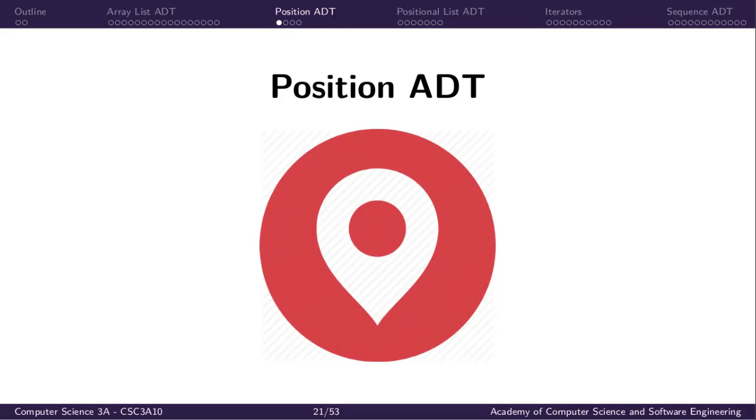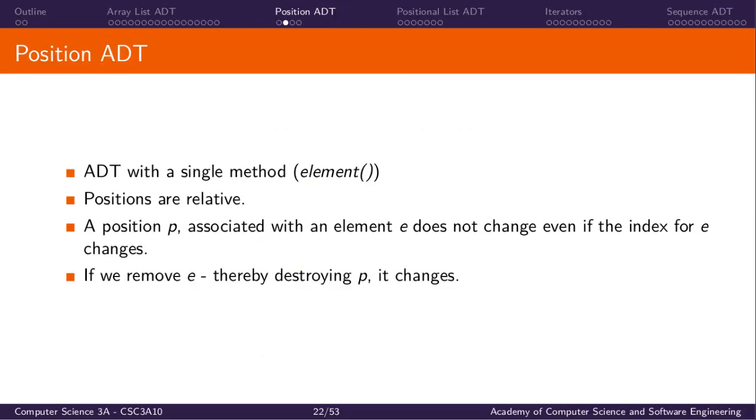So the position ADT, if we remind ourselves, has a single method, element, which simply returns the element stored within that position. Positions, unlike indices, are relative. So it doesn't refer to a place in a list by an absolute index that tells you how many elements appear before it.